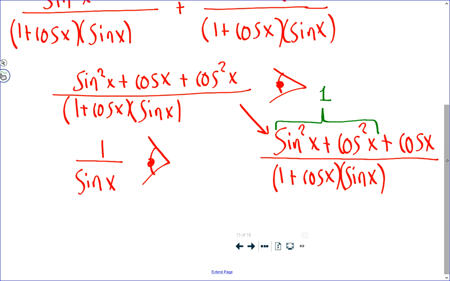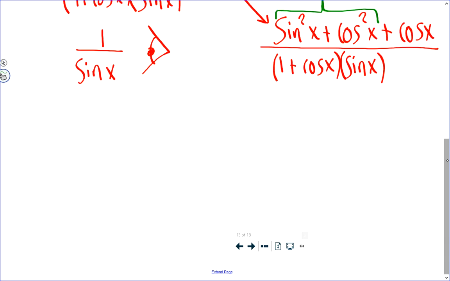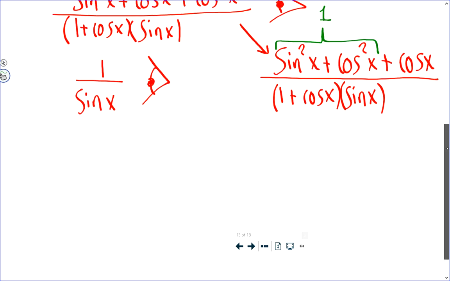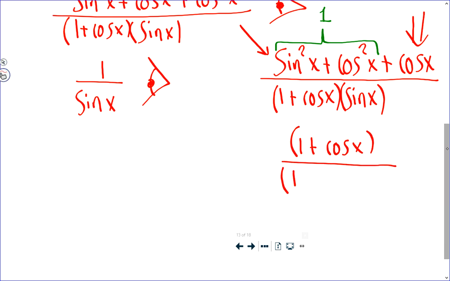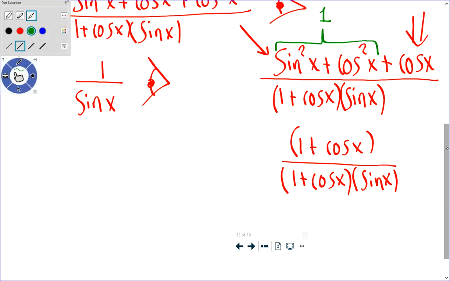That's that Pythagorean identity. And now what we have in the numerator is 1 plus that cos of x, which is still there. I have 1 plus cosine of x over 1 plus cosine of x times sine of x, and we have a factor of 1 plus cosine of x in the numerator and in the denominator, so they cancel, and I'm left with 1 over sine of x.